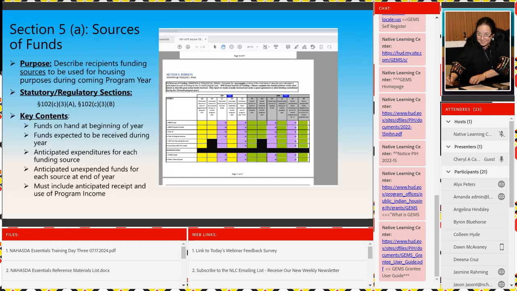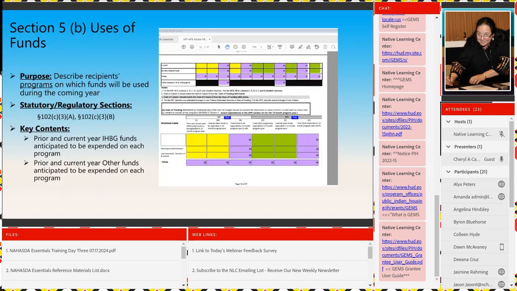Sources of funds. Describe your funding sources to be used for housing purposes. Funds on hand at the beginning of the year, what you expect to receive, anticipated expenditures for each funding source, unexpended funds for each source at the end of the year, include anticipated receipt and use of any program income.